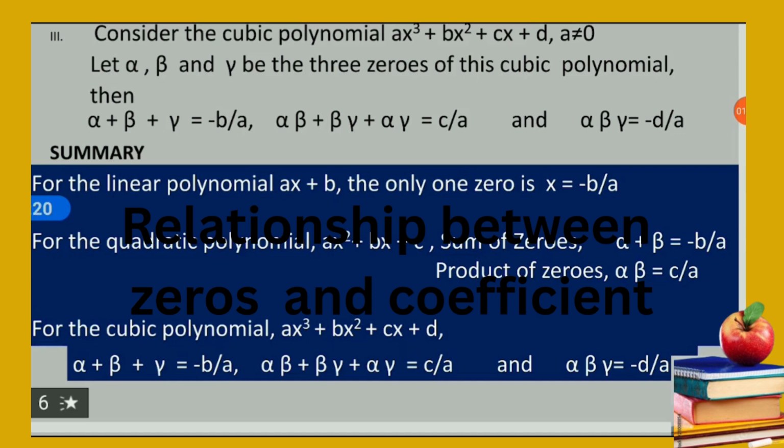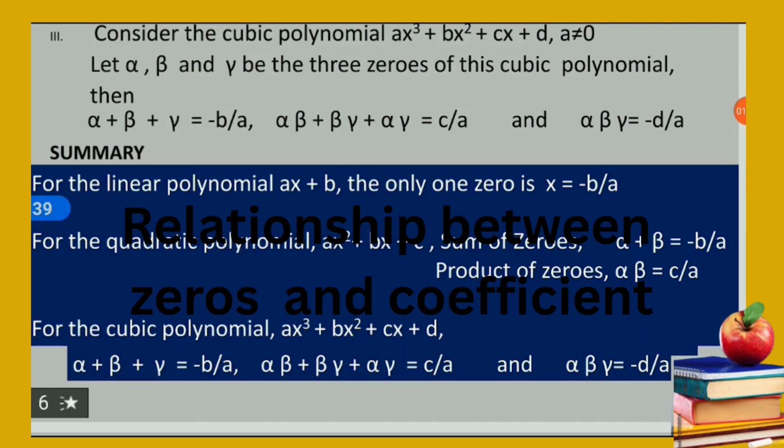alpha + beta + gamma = −b/a. Then alpha beta + beta gamma + alpha gamma = c/a, and alpha into beta into gamma = −d/a.